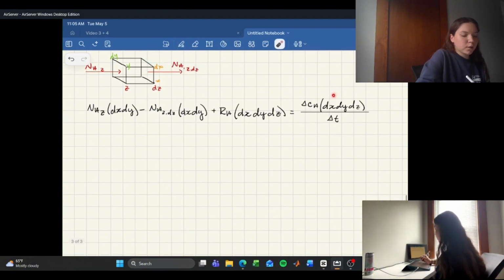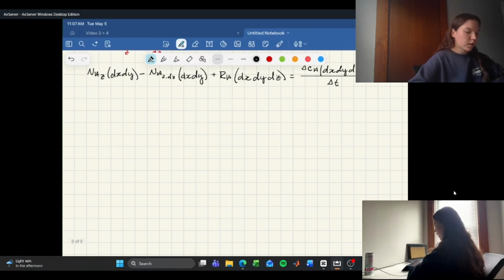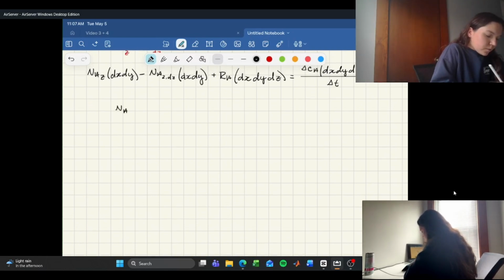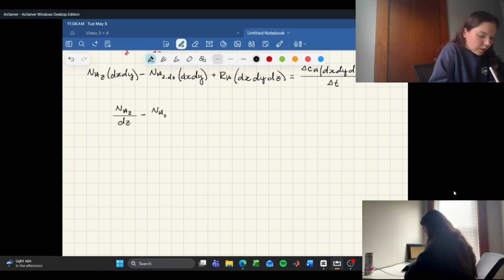Okay, so now we can simplify this. If we divide by this volume, we're going to get the molar flux of component A in, divided by dz, minus the molar flux of A coming out over dz, plus the rate of accumulation is going to be equal to the change in concentration of component A over the change in time.